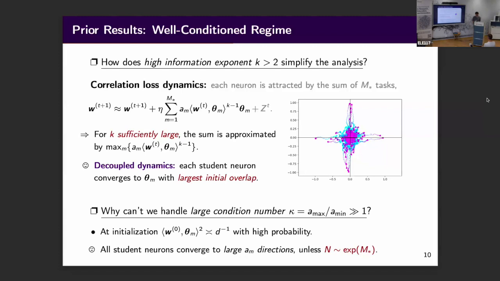Yes, indeed. So there are two limitations here. One is high information exponent, as you mentioned. The other is that we also assume that teacher neurons all have the same information exponent. Both of them simplify the analysis a lot. So this is a very small subclass of this type of two-layer neural network.